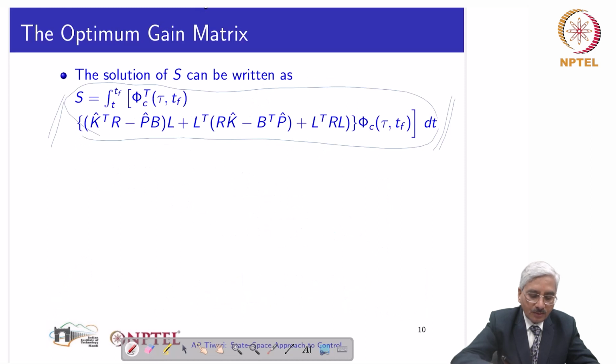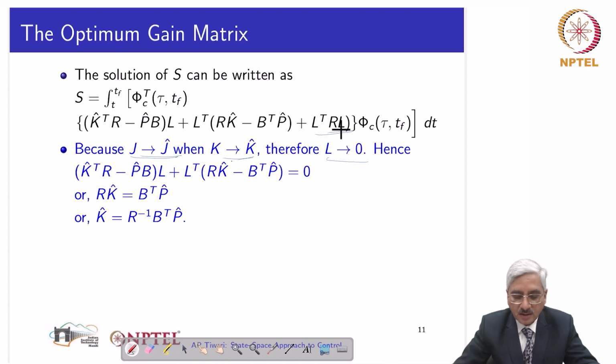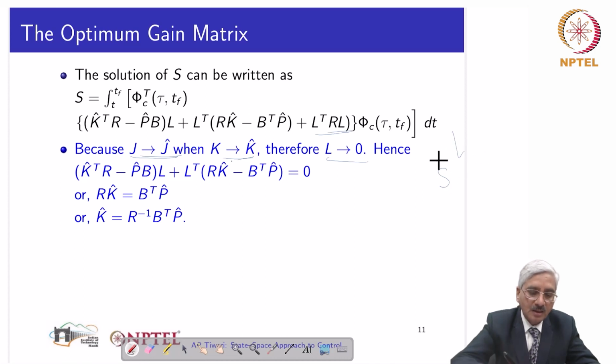So what is going to happen when J tends to J hat, K tends to K hat, this L will be small, and some terms we can ignore like L transpose RL, and some similar other terms where we have the product of S and then L somewhere, like S B L transpose.